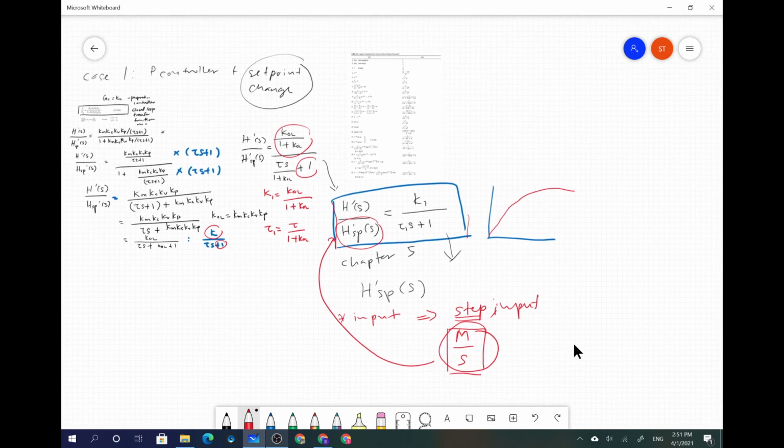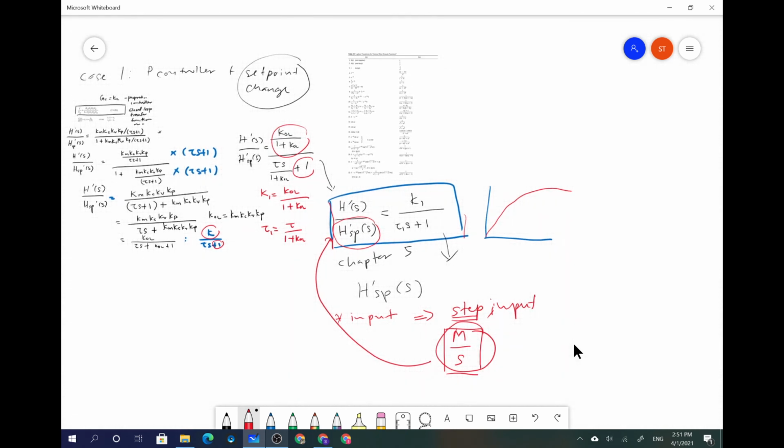So we have H(s) equal to 1 over (tau I... tau 1 s plus 1) times M over s.